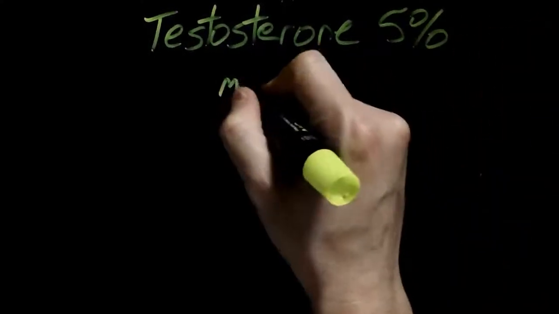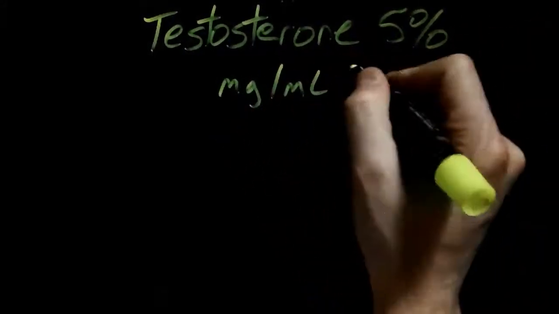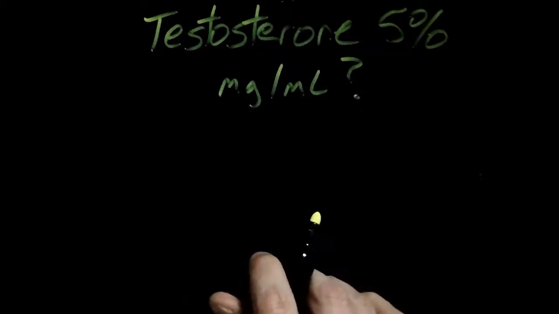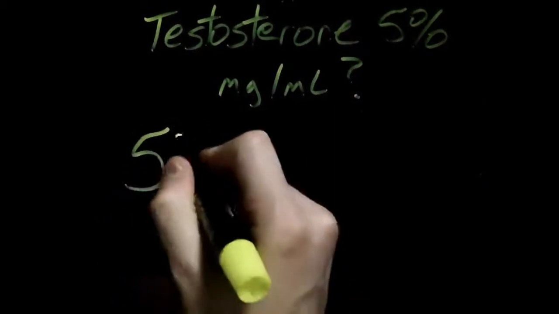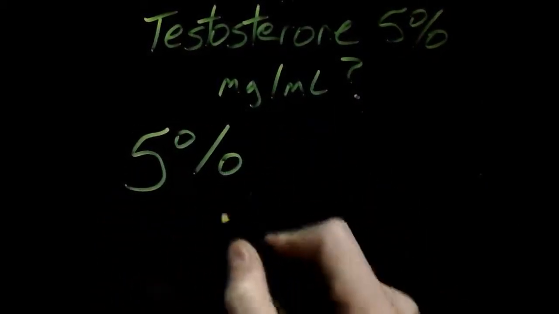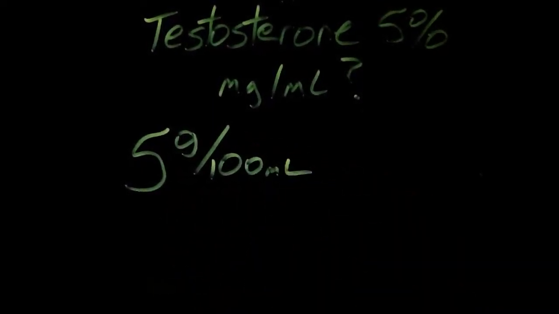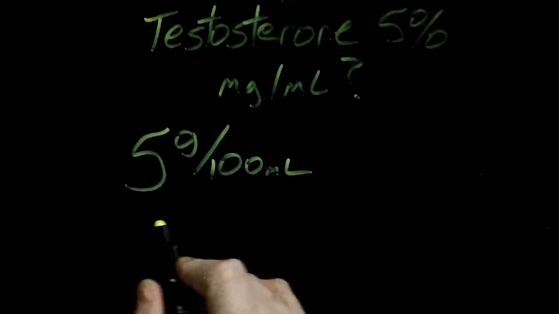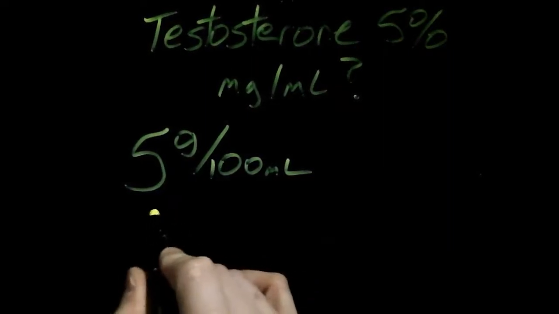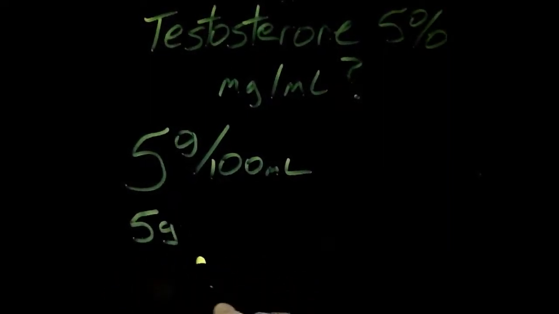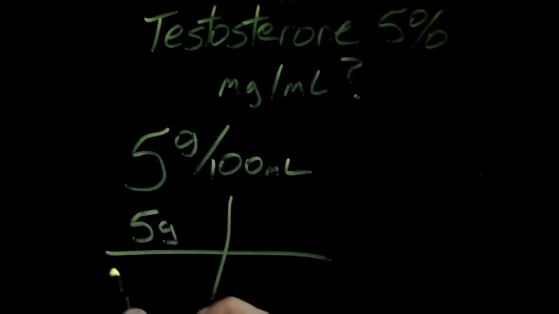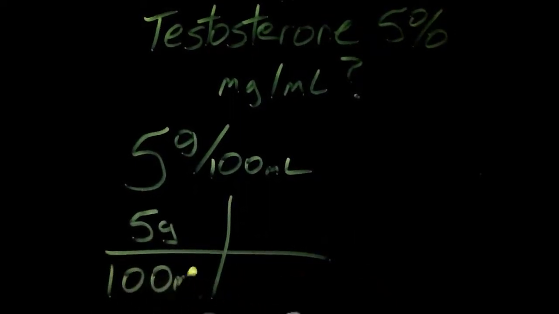And the question is, how many milligrams per milliliter is 5%? Well, I told you whenever I see 5%, I like to think of it as grams per 100 milliliters, correct? I'll write it down here and make it a little prettier, where it's 5 grams per 100 mils.